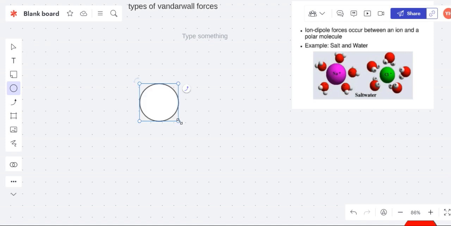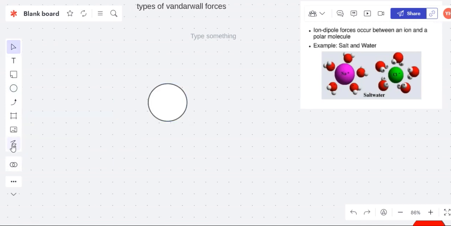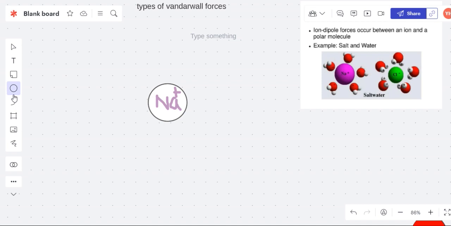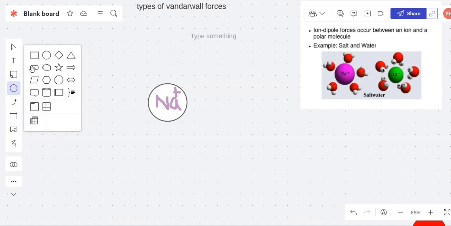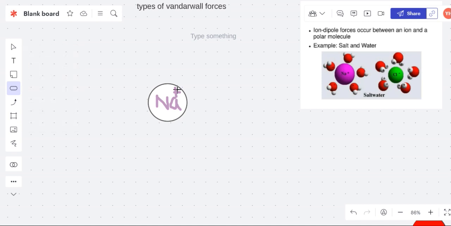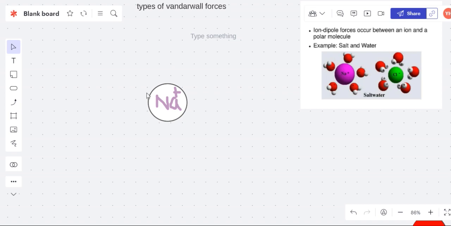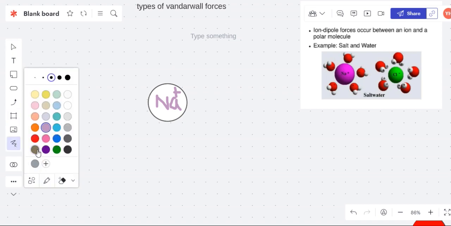For example, this is sodium, and it has a positive charge, not partial, right? Okay, I'll draw it myself.